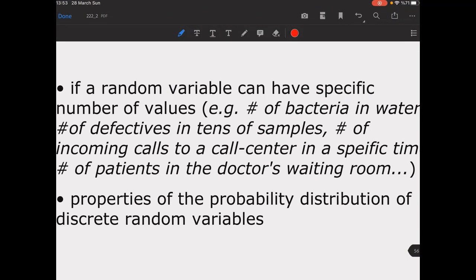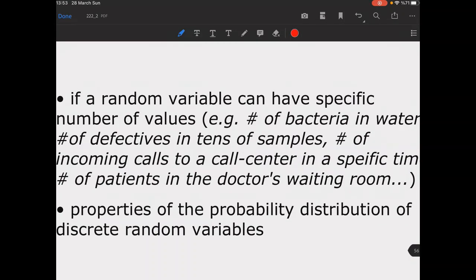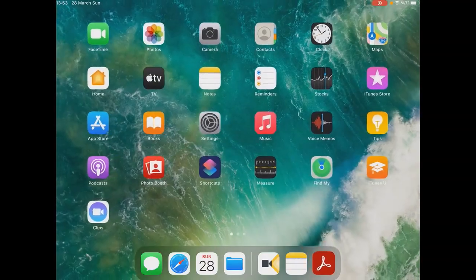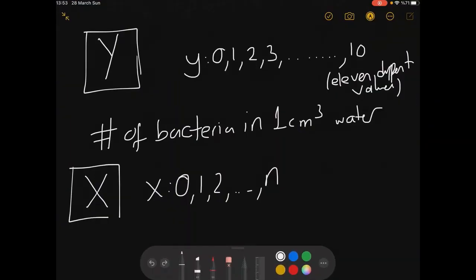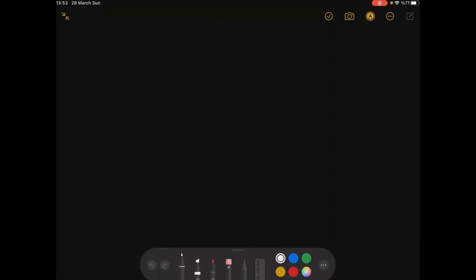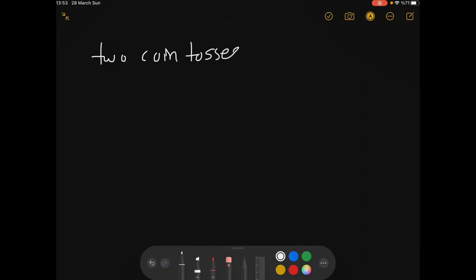Let's take a look at the properties of the probability distribution of discrete random variables. If you look at our textbook as well, they give some examples with the two coin tosses. Okay, the popular example here, the two coin tosses.